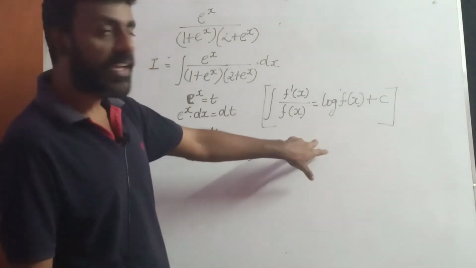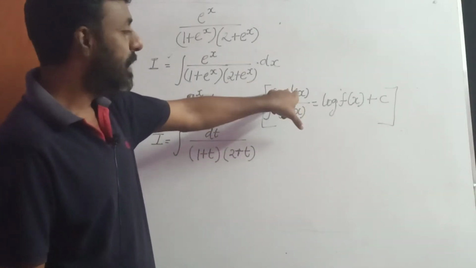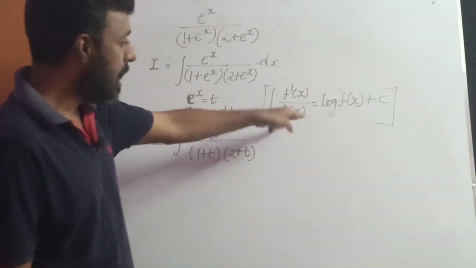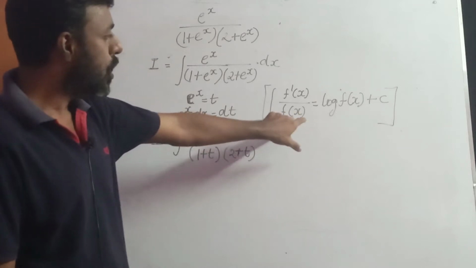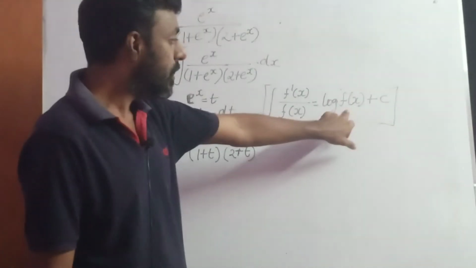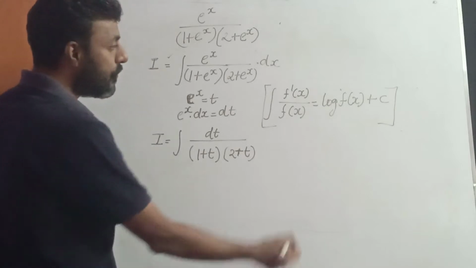So what does it say? If I differentiate f of x, it will be f dash of x. The differential of the function is in the numerator and the function itself is in the denominator, so if I integrate, I'll get log of the function in the denominator, f of x, plus c, which is called the constant of integration.